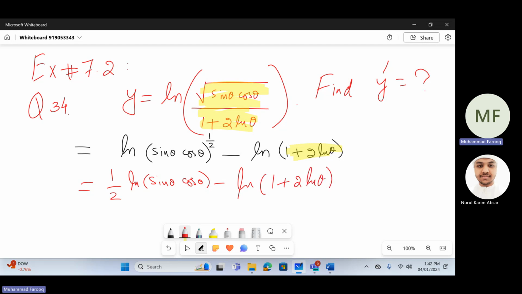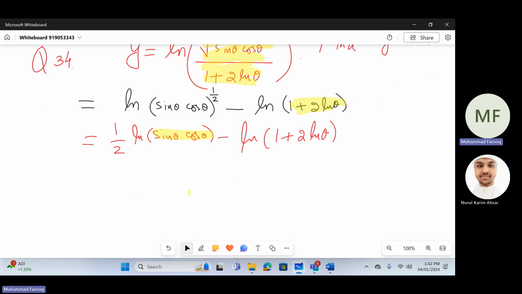Can you simplify it more? Yes, we can. Look at this. This argument has a product. And if the argument has a product, we write it as addition: ln sine theta plus ln cosine theta. But be careful, please, 1 by 2 is already outside. This 1 by 2 stays with both of them.